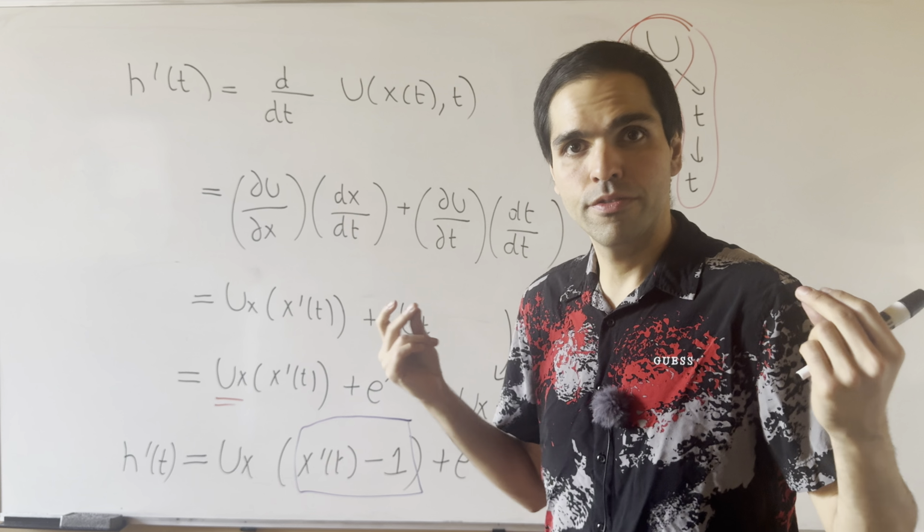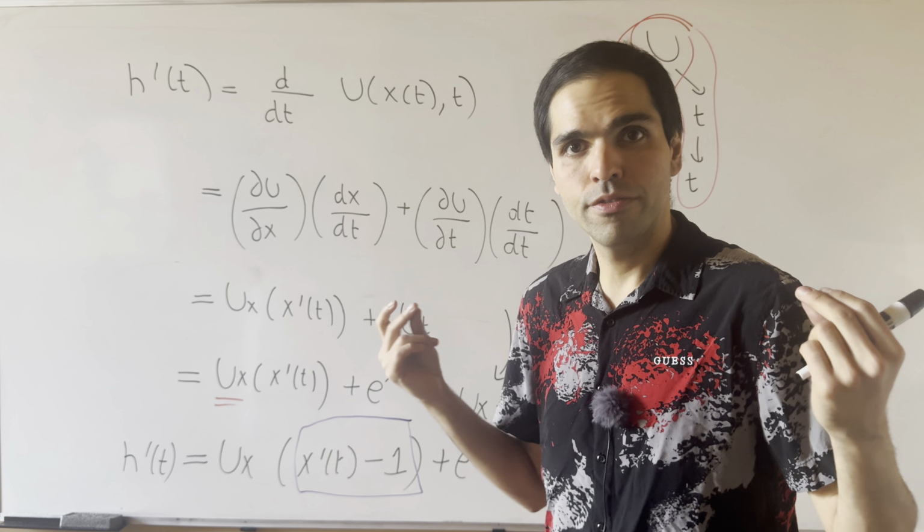So, step 2: the characteristic ODE. Actually, there are two of them, which is quite interesting. On the one hand, we can set the stuff in parentheses equal to 0. So x'(t) minus 1 is 0.